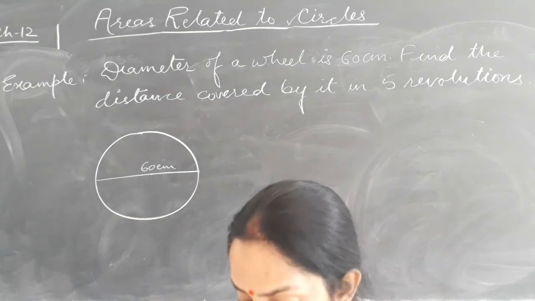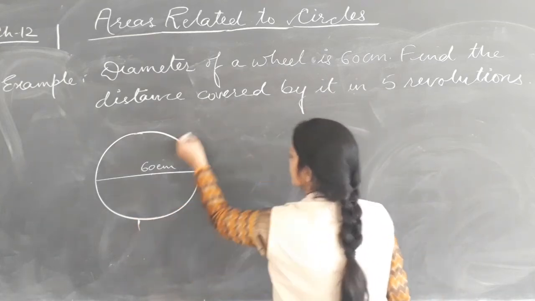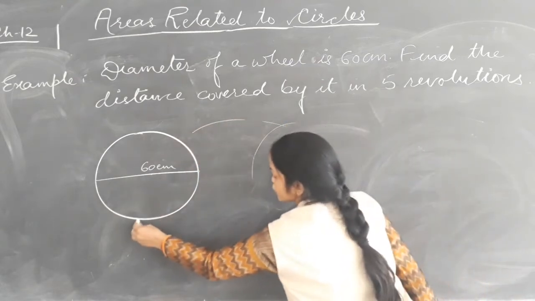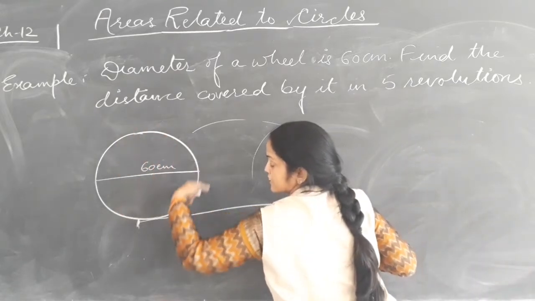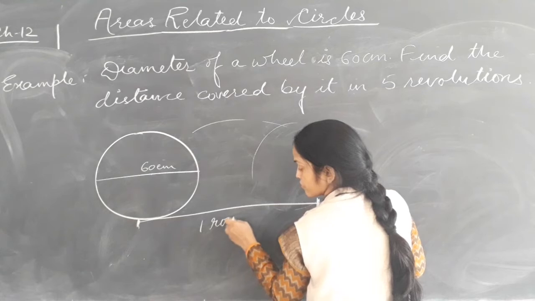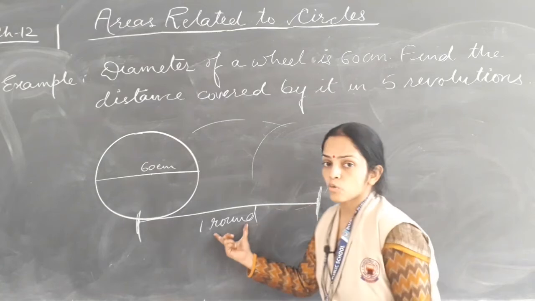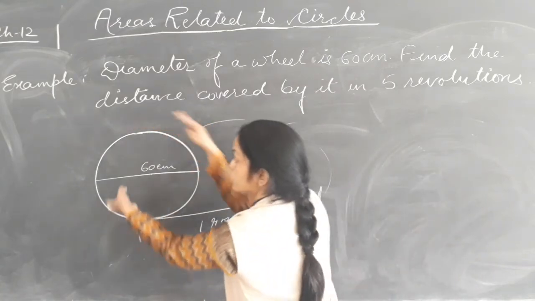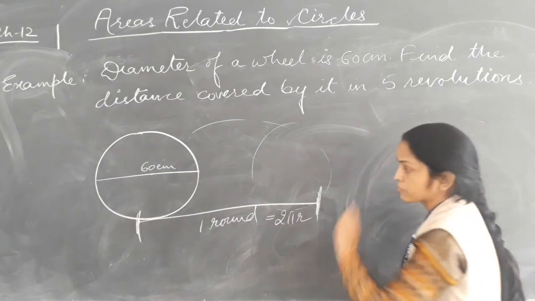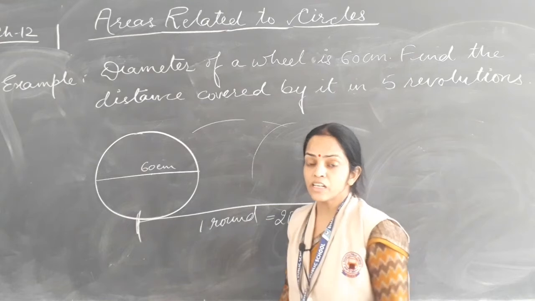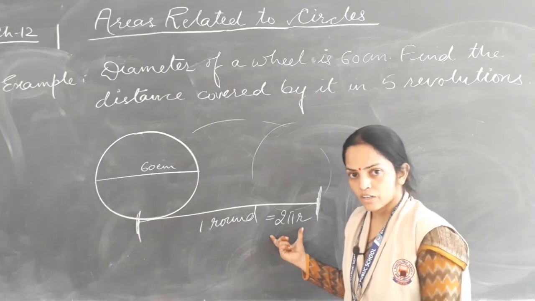If this wheel is revolving once, suppose it started from here, it is revolving once and it reaches up to here. So this distance is covered by this wheel in one round, and this distance is equal to circumference of this circle, which is equal to 2 pi r. So distance covered by wheel in one round is always equal to circumference of circle, right?